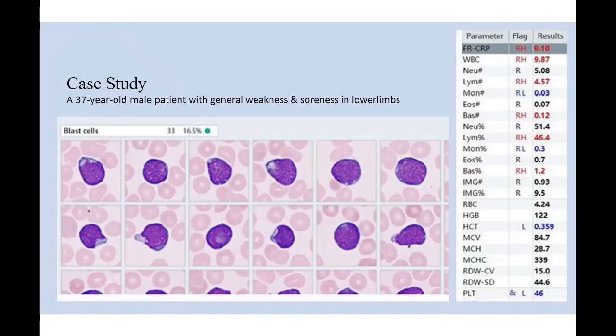When going through the slide review, it was observed that WBC and differential were almost normal. The RBC parameters also show normal ranges. However, the CBC report shows thrombocytopenia, and in the blood film also there is thrombocytopenia. So the conclusion is that it's a case of ALL, as there are 16.5% lymphoblasts.